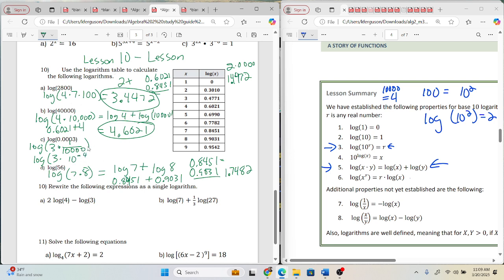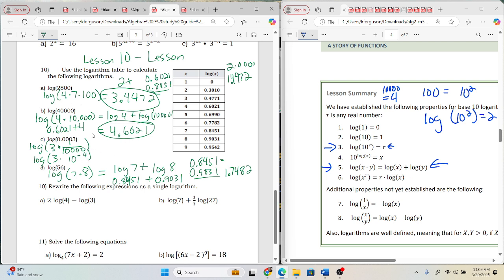See, positive 4 means I multiply by 10. Multiplying by 10 adds zeros. A negative exponent means I'm dividing by 10, or I'm multiplying by 1 over 10. So I got 1, 2, 3, 4 moves I got to make.